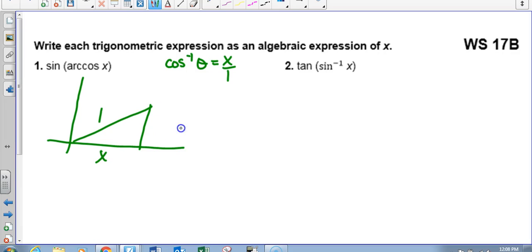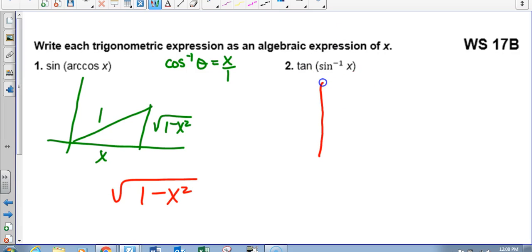What goes here? Okay, so what's the sine of that? Opposite over hypotenuse would just be square root of 1 minus x squared, or over 1, or just square root of 1 minus x squared. All right, we did that one already, sorry.